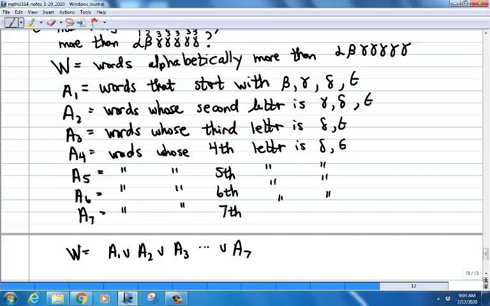But now you want to count W, correct? So what sort of model is this called, Sean? What sort of thing have you proposed for counting W? Think back to our models. We've got this set W written as a union of a bunch of sets.